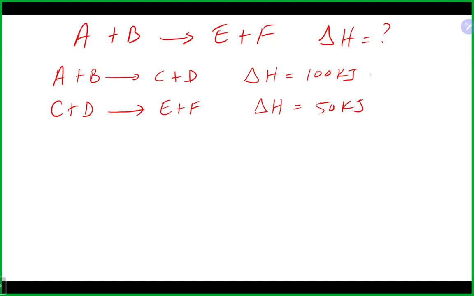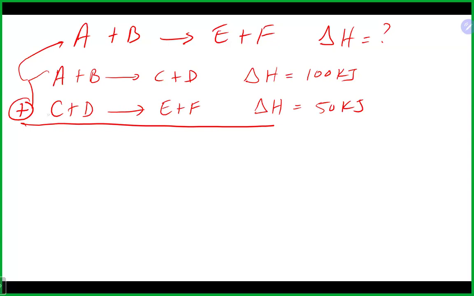So basically, I want to take these 2 equations and build that equation up on top. In this particular case, all I have to do is add these 2 equations together. When you add equations together, anything that's on opposite sides of the arrow that are the same will cancel out or reduce down.